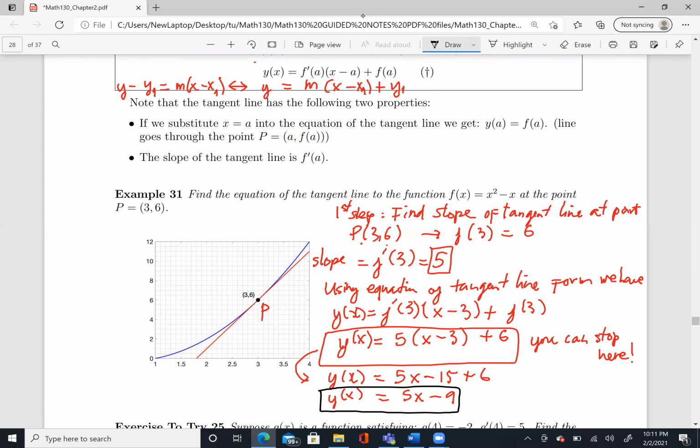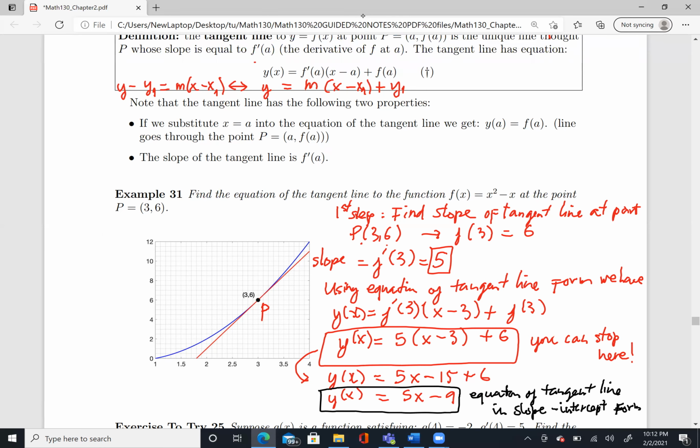And this should be a nicer form of the equation of the tangent line in slope-intercept form. This is a nicer way to show the reader.